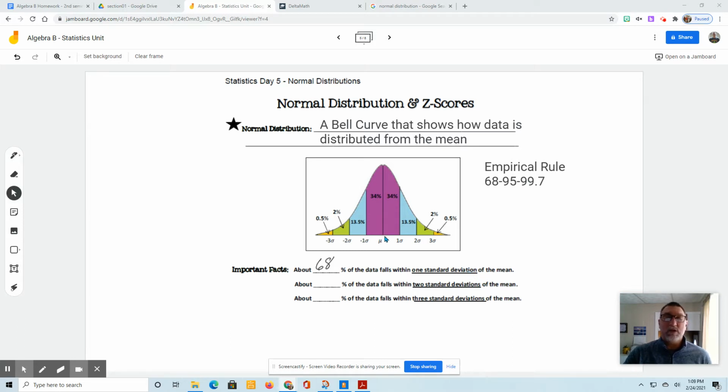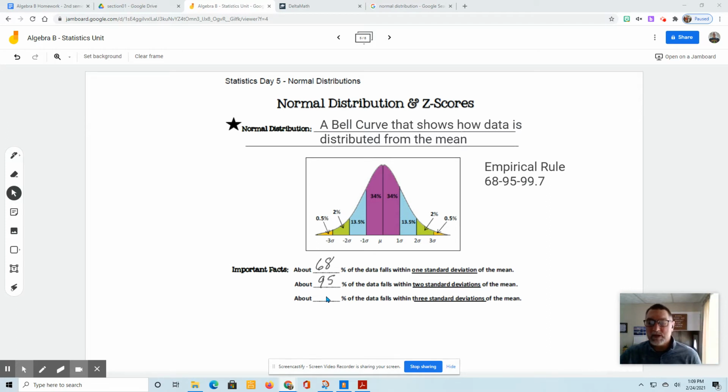If we go to two standard deviations, we can see we have an additional 13.5% here, an additional 13.5% here. So when I add those all together, the 13.5, 34, 34, and 13.5, we get 95%.